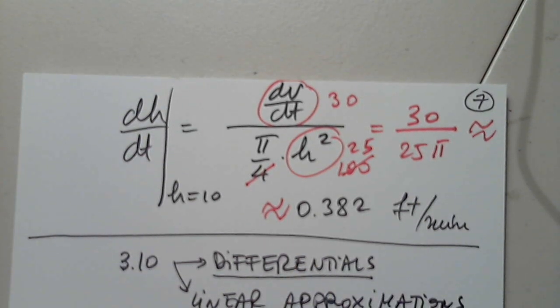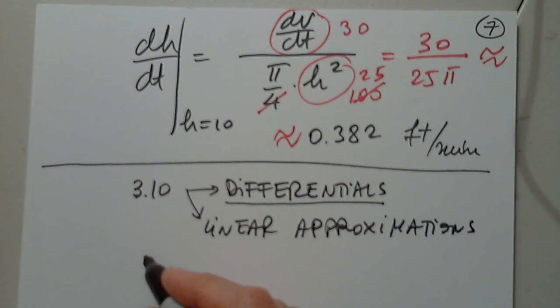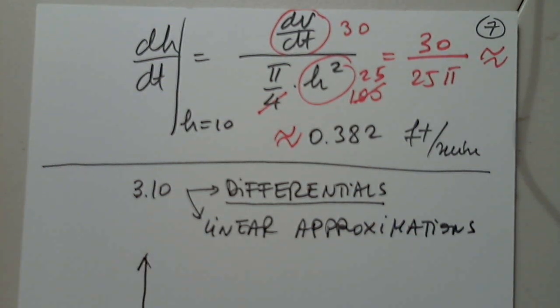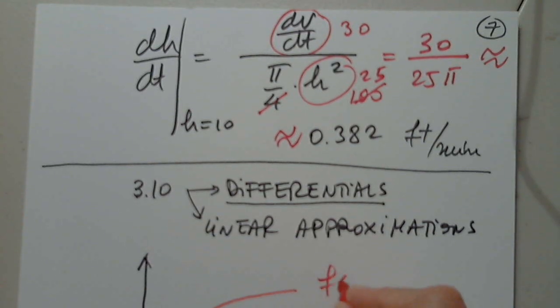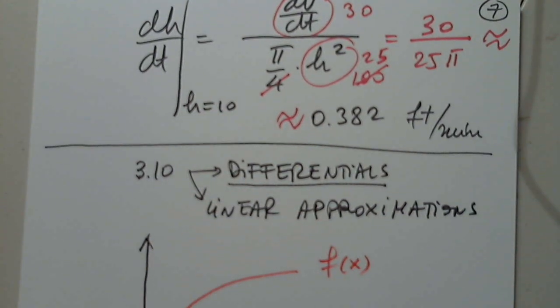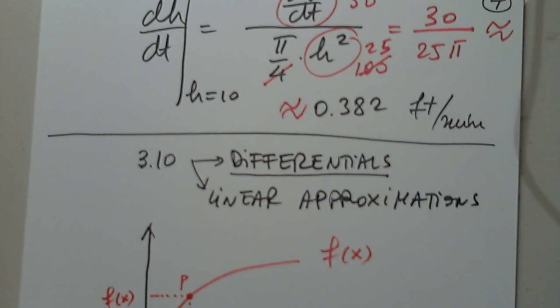I like to start with differentials. So let's take a look. Our best friend from the very beginning is this function, f of x. And of course, our special friend, point P, with x and f of x. And yes, of course, the tangent at that point.